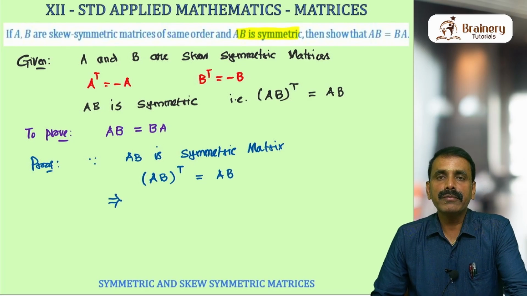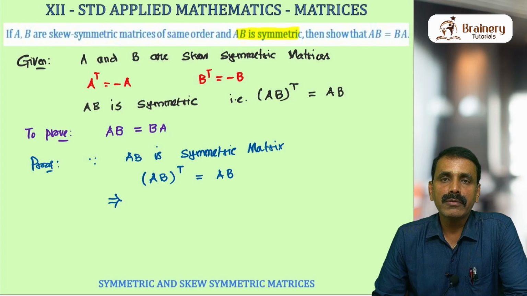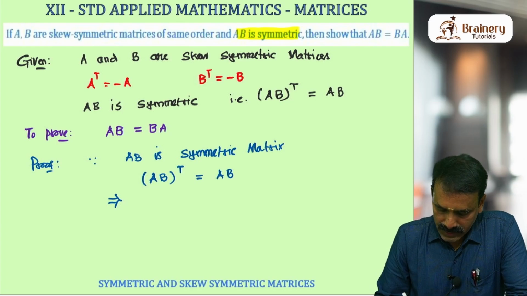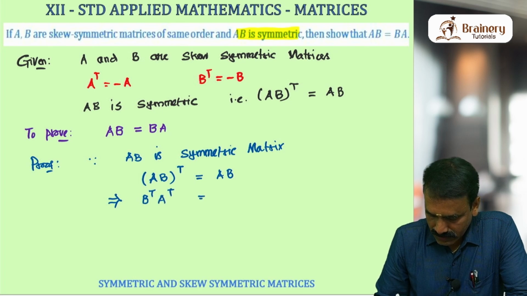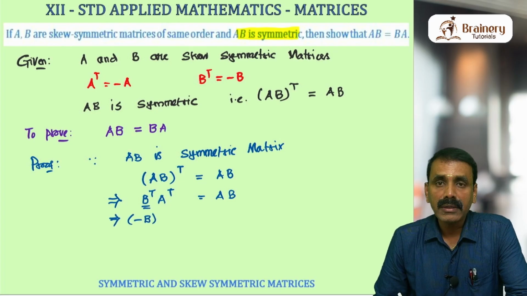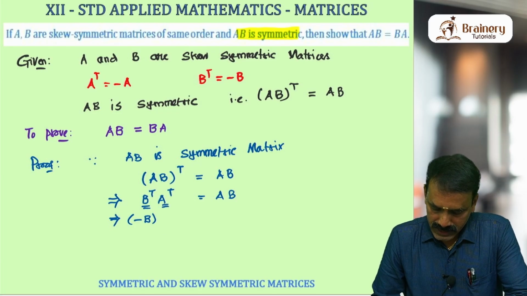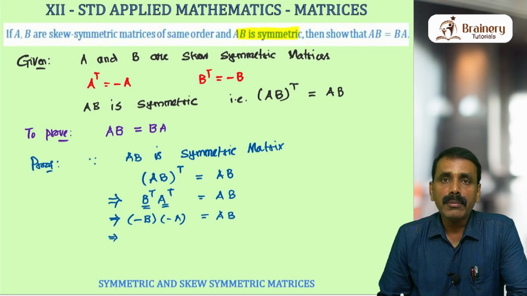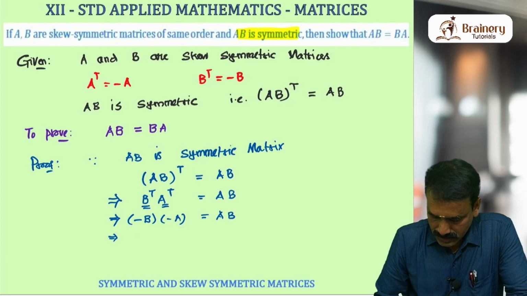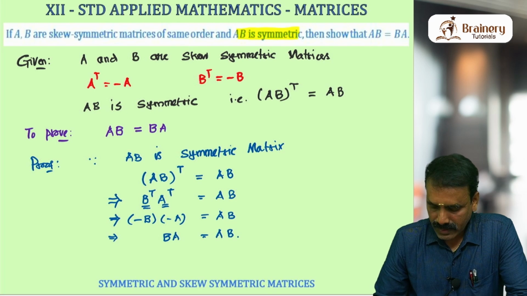Now again we are going to make use of the transpose of the matrix product. AB whole transpose is equal to B transpose A transpose, which is equal to AB. Already we know B transpose is nothing but minus B, and A transpose is nothing but minus A, which is equal to AB. So minus B into minus A. Minus into minus, it will be plus. So BA is equal to AB. Hence proved.